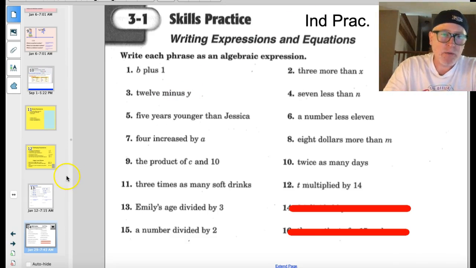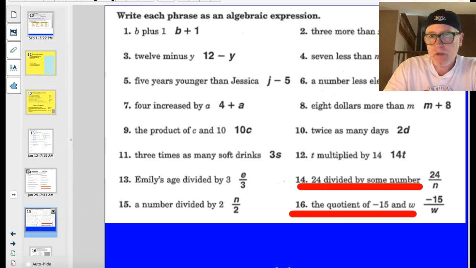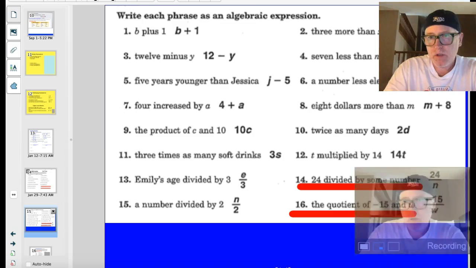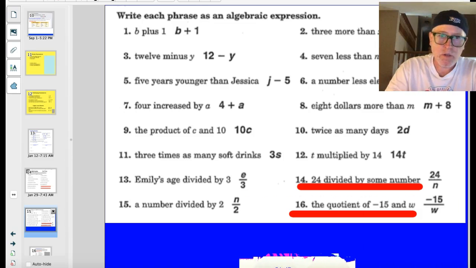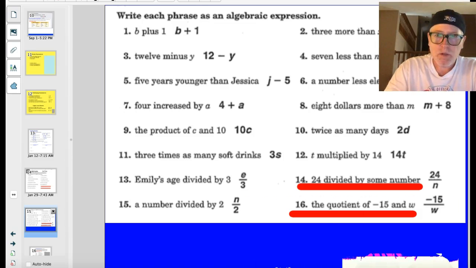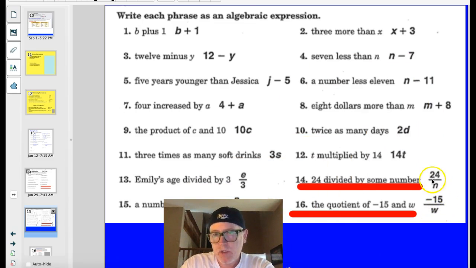All right, I'll let you check your work on those. Okay, I'm going to slide over here. You can see why I crossed these two out. This one here had 24.